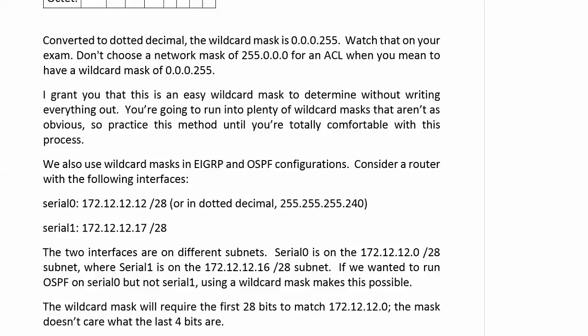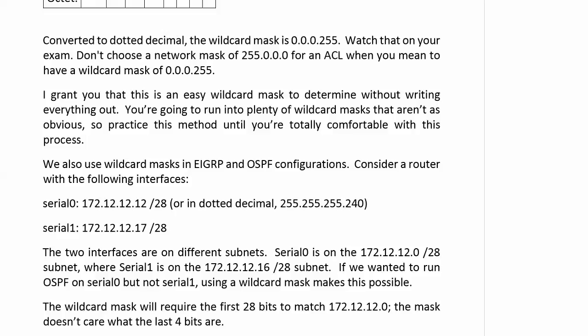Don't choose a network mask of 255.0.0.0 for an ACL when you mean to have a wildcard mask of 0.0.0.255. Now, again, I grant you, this is an easy wildcard mask to determine without writing everything out. You're going to run into plenty of wildcard masks that aren't as obvious, that don't end at the very end of an octet. So practice this method of writing it out until you're totally comfortable with the process.